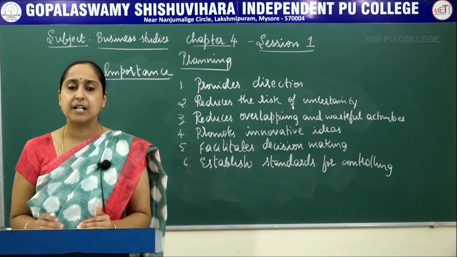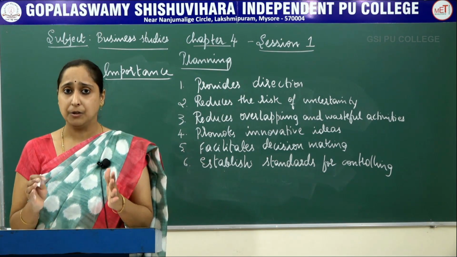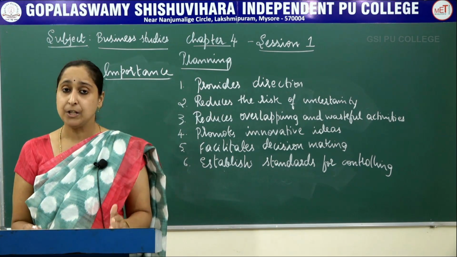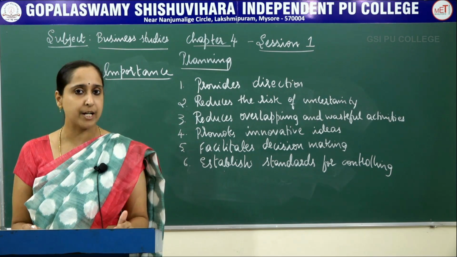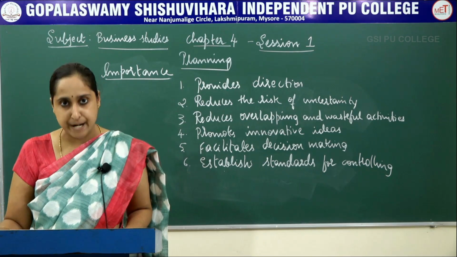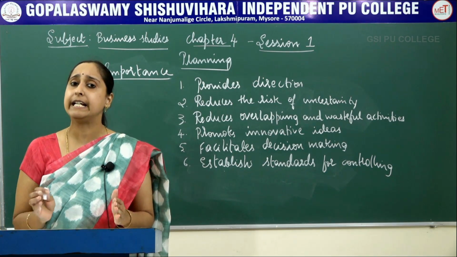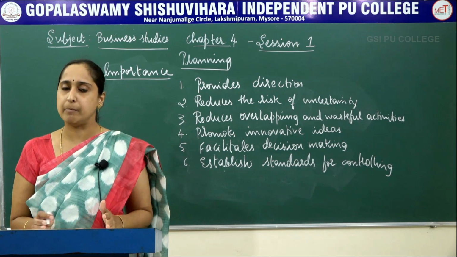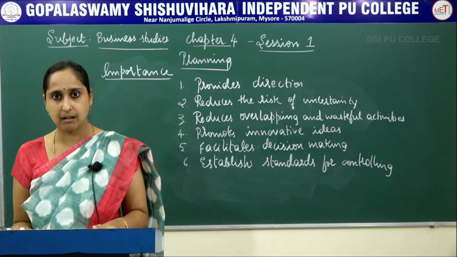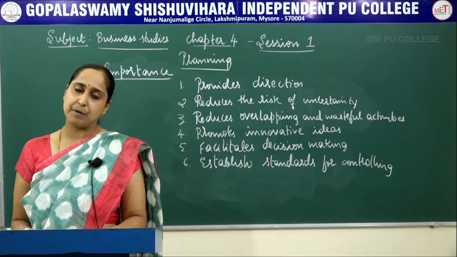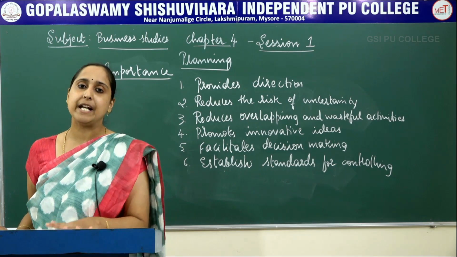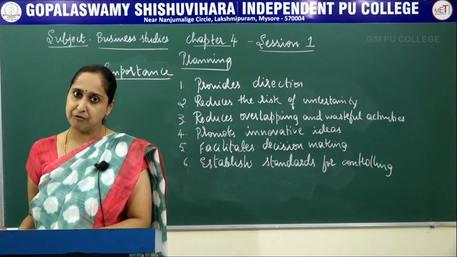In controlling, we check whether the tasks or activities being done are taking place according to plan. Actual performance is compared with the standard performance. If there is any deviation, immediate measures will be taken. So basically planning is a prerequisite for the controlling function.